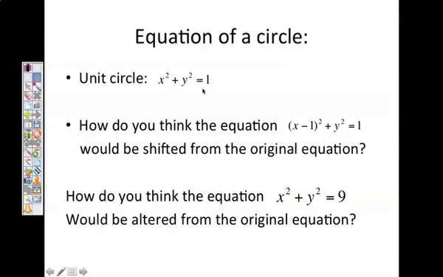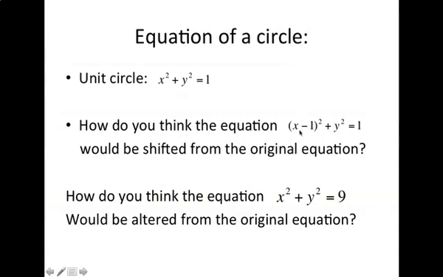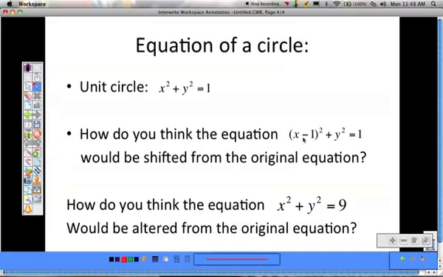So here it is, the unit circle. How do you think this equation would be shifted from the original? Think about what we did previously in the unit when you have the minus 1 in parentheses with the x. What did that do? So we know if it's in the parentheses with the x, it shifted it left and right. And if it was negative, it shifted right 1 unit.